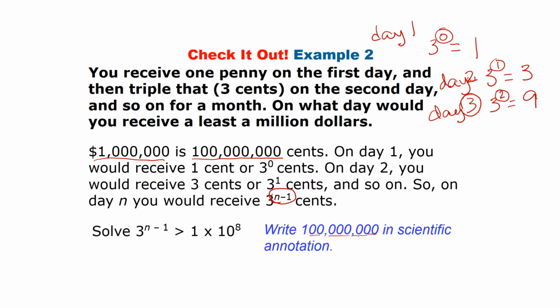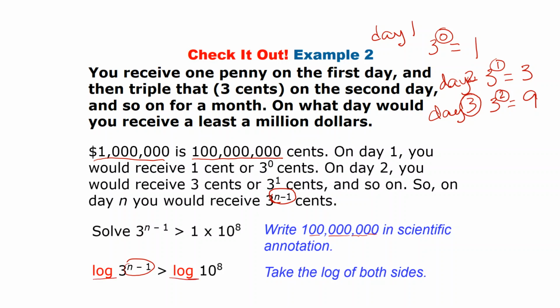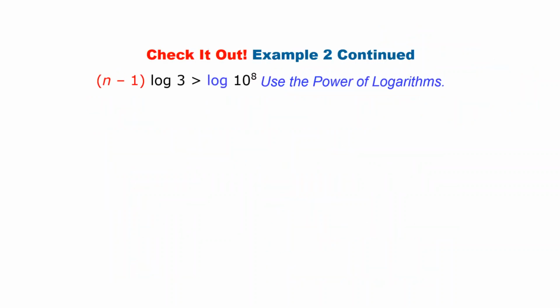All right, and now all we have to do is solve this. Not so hard. Take the log of both sides. And next we can use our power property. I'm going to turn the slide here so we have enough room. But notice it's log 3 to the n minus 1 is greater than log 10 to the 8th power. So all I did is just multiplied log on both sides. All right, so let's continue.